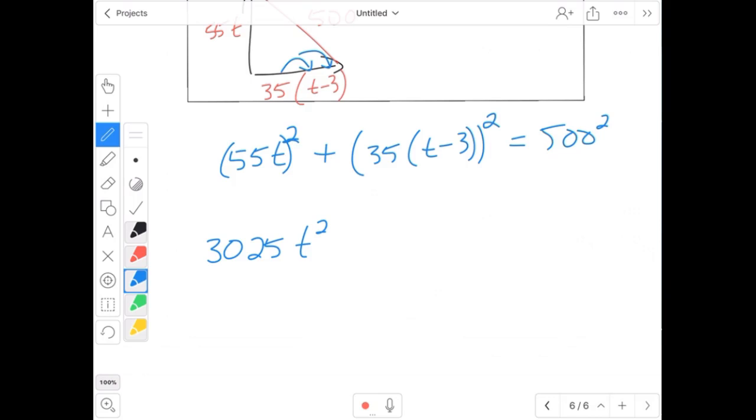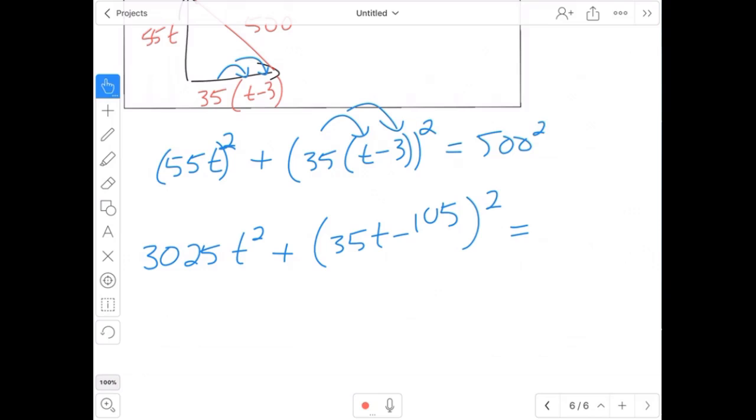And then this piece right here, if I'm going to do this really quick, 35t minus 105 squared, this is equal to 250,000.